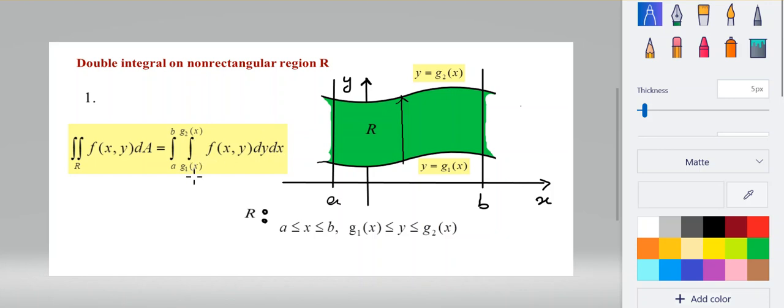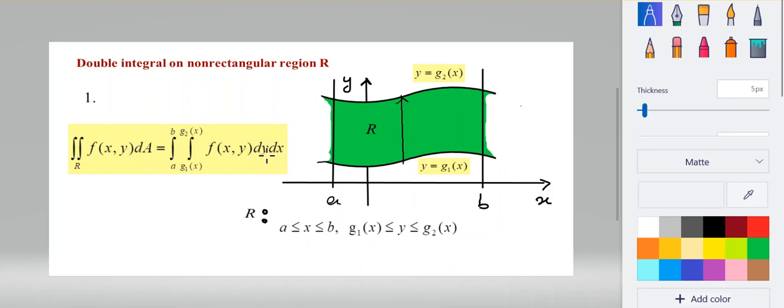Here we have g1 of x, the lower limit, and g2 of x, the upper limit for y, and then x is from a to b. So we set up the integral like this. This is the correct way to set up the integral when R is described like this.